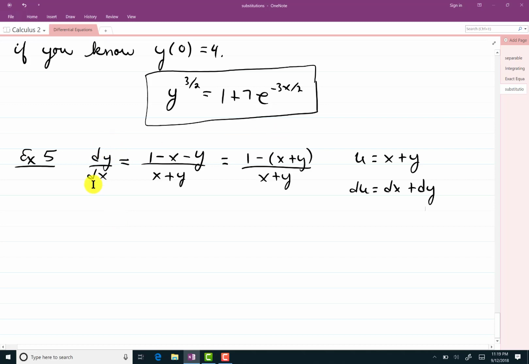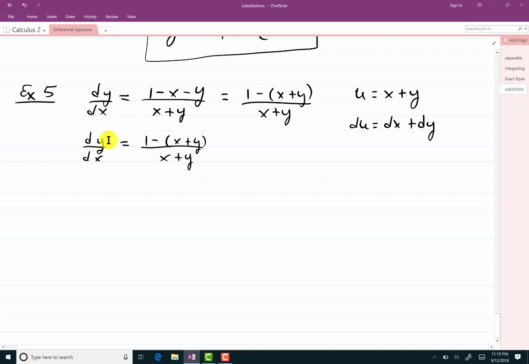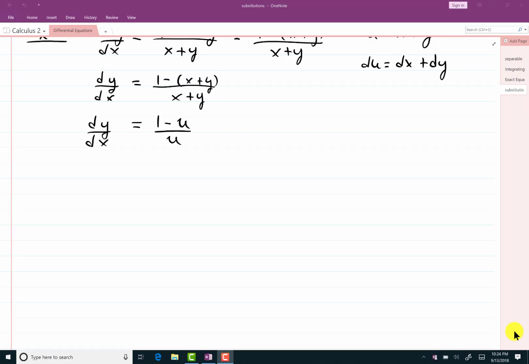So I'm going to take this equation and let me go ahead and replace those with u. Cross multiply to get u dy equals 1 minus u dx. And now I'm going to try to figure out which one's easier to use. Is it going to be dy or dx?